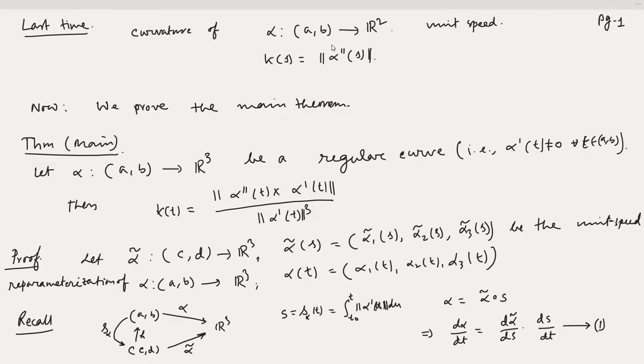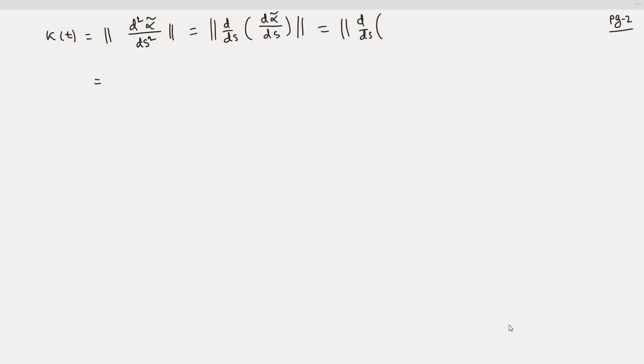Now from equation 1, d alpha tilde/ds equals (d alpha/dt) over (ds/dt). So this is equal to d/dt of ((d alpha/dt) over (ds/dt)), over ds/dt, and the norm of this.